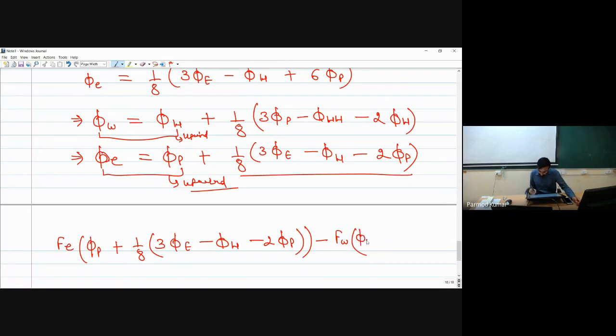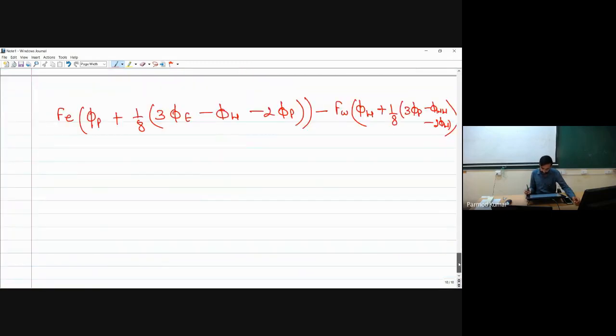I have got a new expression, that is phi W plus 1 by 8 into 3 phi P minus phi WW minus 2 phi W, and this will be equal to dE into phi E minus phi P, minus dW into phi P minus phi W.